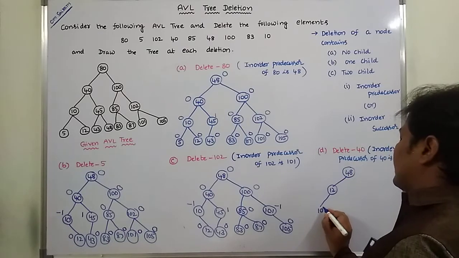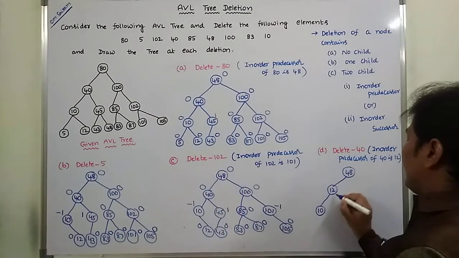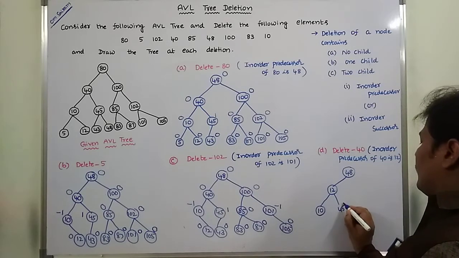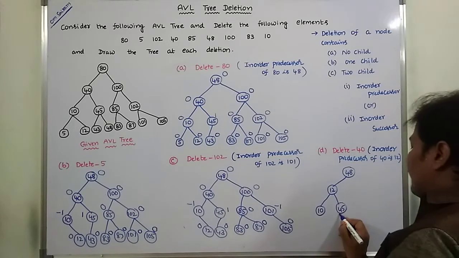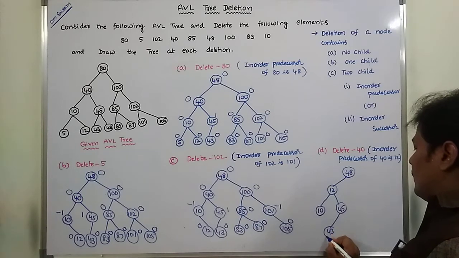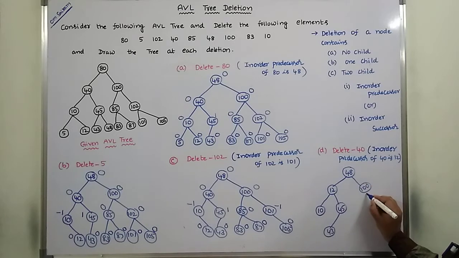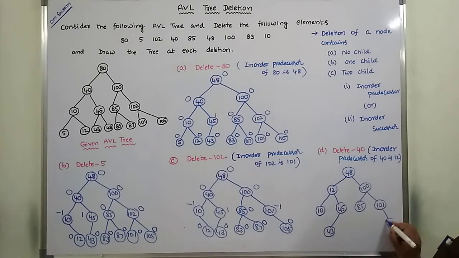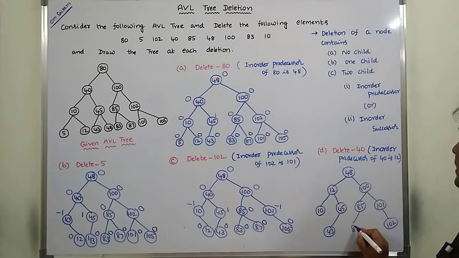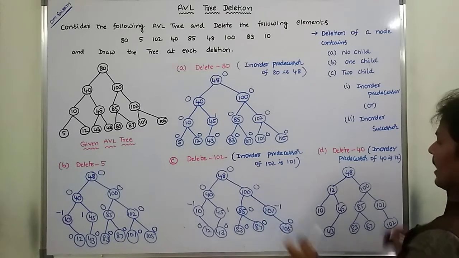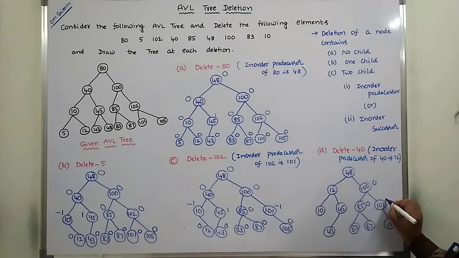Its left child is 10 and its right child is 45, and its left child is 43. Next, here this is 100, here 85. 100's right child is 101, 101's right child is 102, 85's left child is 83 and 85's right child is 87. There are no changes in the right subtree, only changes in the left subtree.